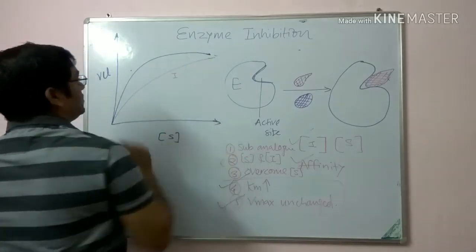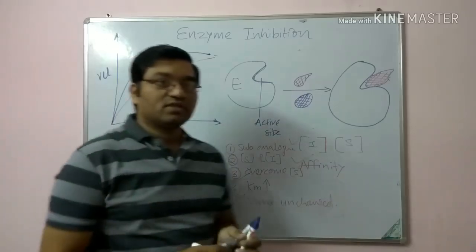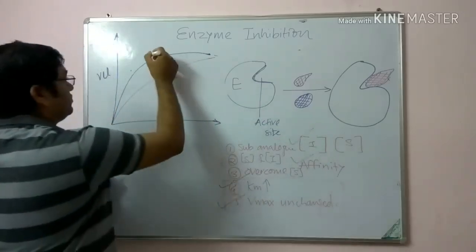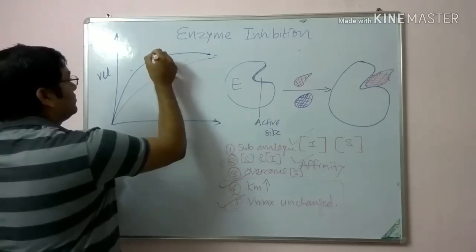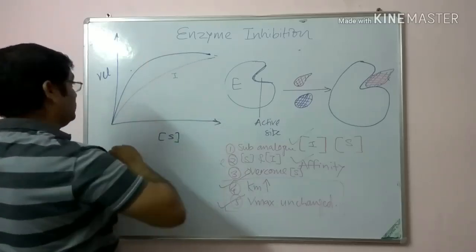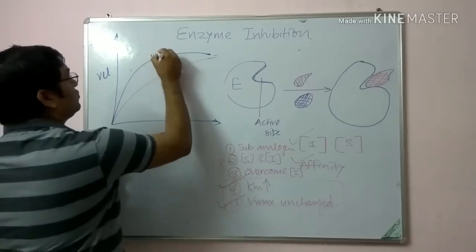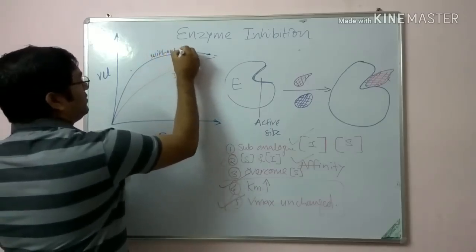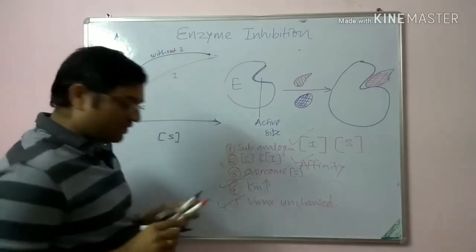This is substrate concentration and enzyme velocity. This is without inhibitor and this one is with inhibitor.